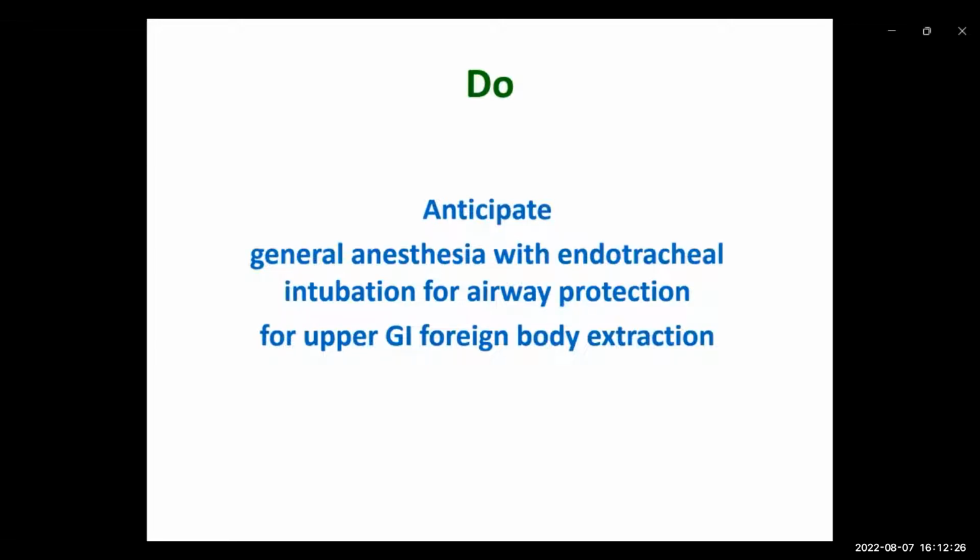Patients must be lying on their left side with the head slightly lowered to reduce inhalation risk. However, in the emergency setting, general anesthesia with endotracheal intubation for airway protection is appropriate in most cases and must therefore be anticipated on call.